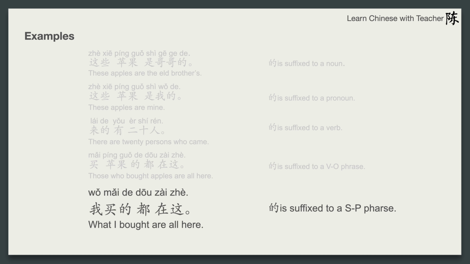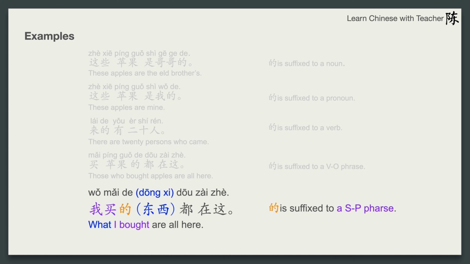The last example. 我买的都在这儿. What I bought are all here. In this sentence, the 的 is suffixed to a subject plus predicate phrase. We can know the head word of this 的 phrase is 东西, things, by the context.